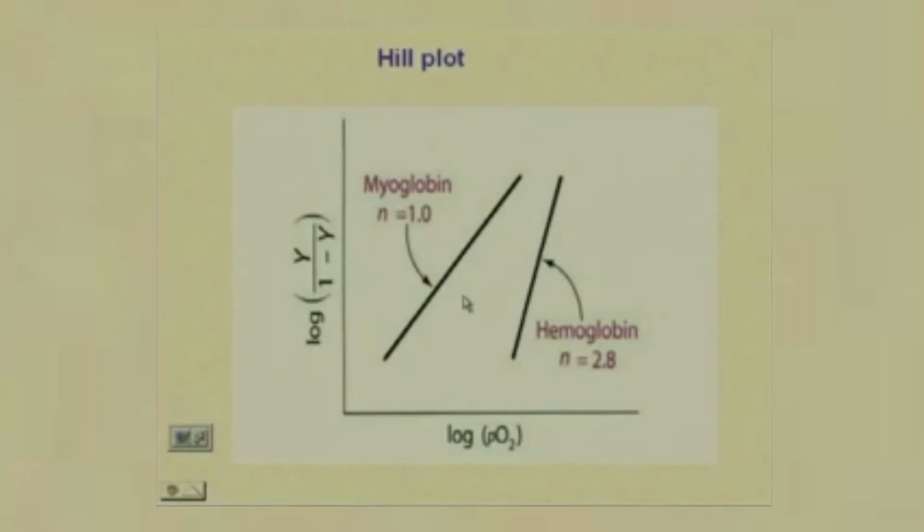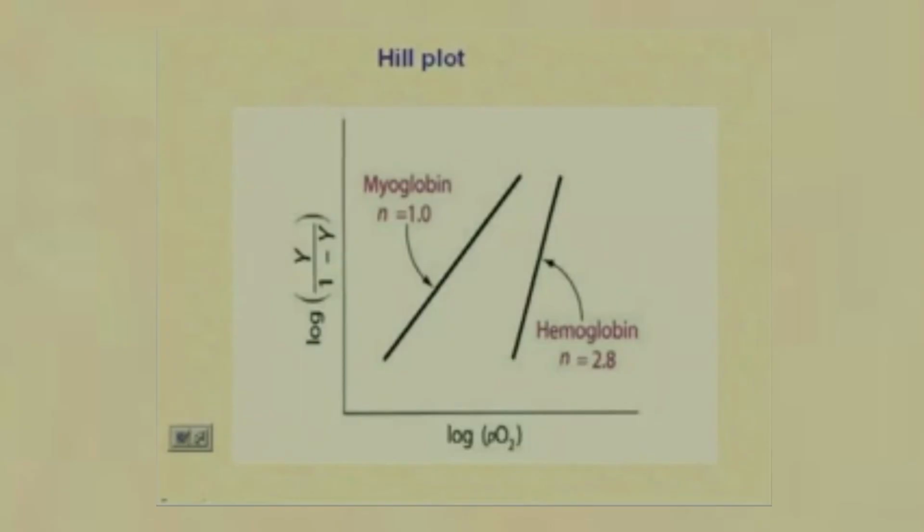Okay? So, actually, what is happening to hemoglobin? What is happening to hemoglobin at low partial pressure of oxygen? At low partial pressure of oxygen, it is bound weakly, right? And at high partial pressure of oxygen, it is bound strongly. Okay?